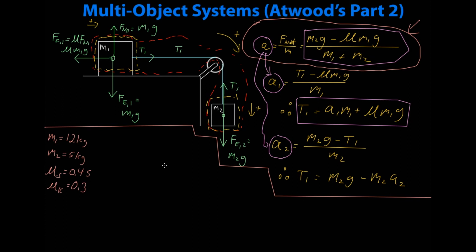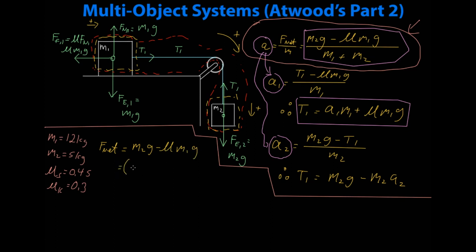Now, what that question really comes down to is, would force Earth on 2 be greater than force friction on 1 using the static friction? So I'm going to do F net equals, to the right, I have m2g minus mu m1g.